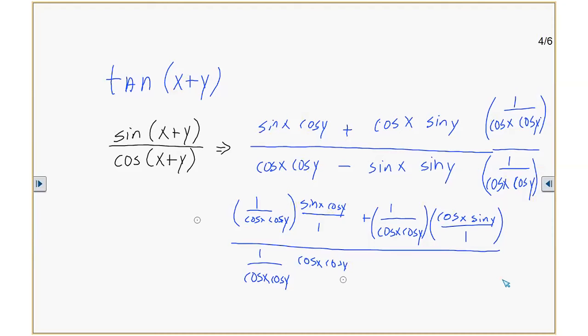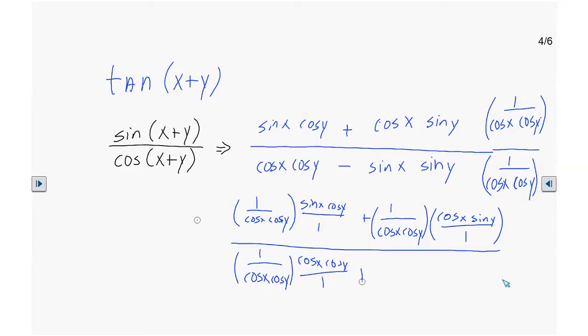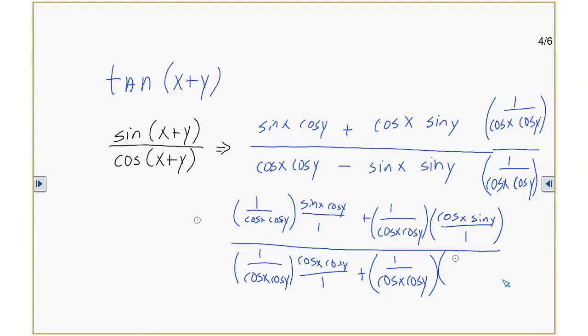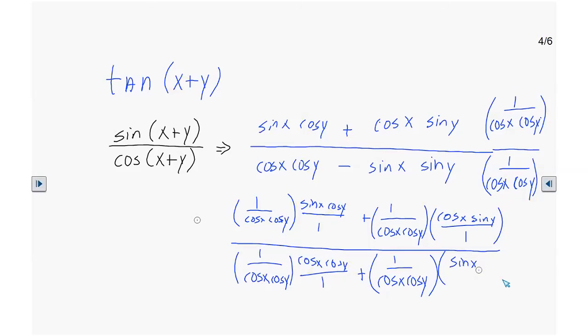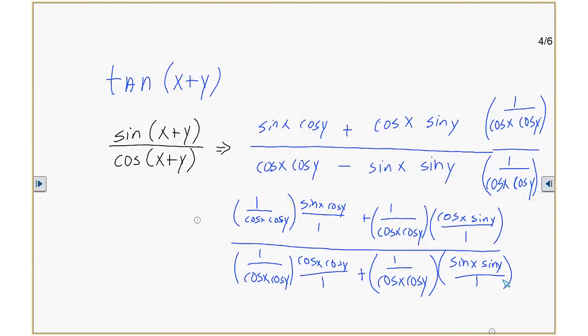This is cosine of x, cosine of y, over 1, plus 1 over cosine of x, cosine of y, times sine of x, sine of y, over 1.